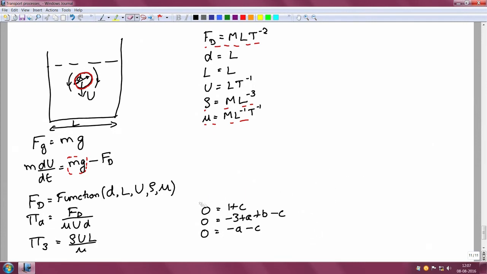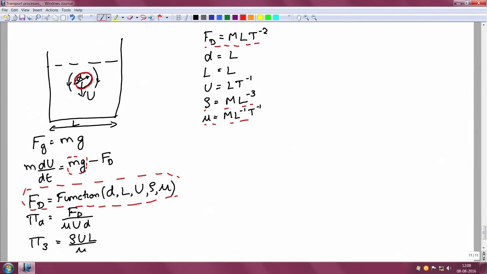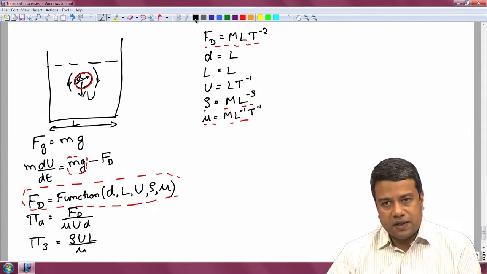So, now that we have done this, we can write this functional form that I had earlier. This functional form, which involved a total of 6 quantities, I can write to involve only a total of 3 quantities.